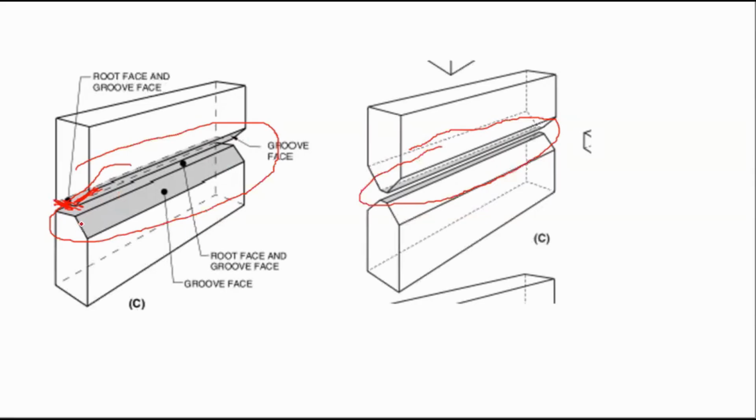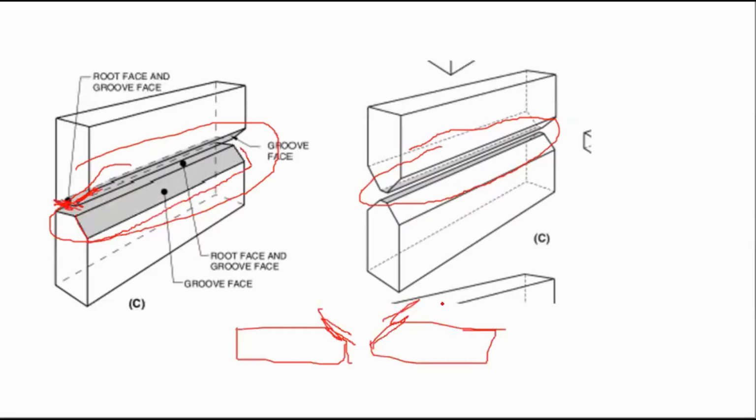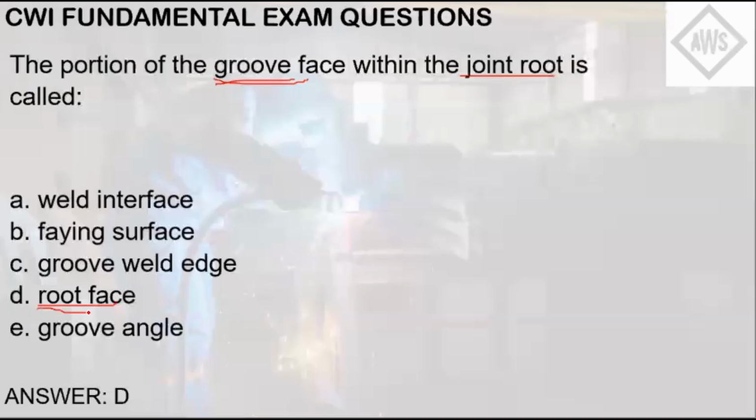The groove face is the face wherein the groove angle is located. So this is the part of the groove face, this part right here. So the entire part of this one is the root face and the groove face. This is the part of the root face, basically. So the answer there is letter D, root face.